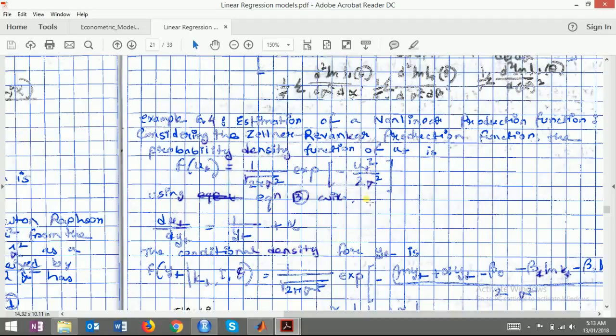Using this with the equation that we have just discussed, this one becomes dut by dyt. So we are doing the transformation of variable technique. The transformation of variable technique gives us 1 by yt plus alpha.